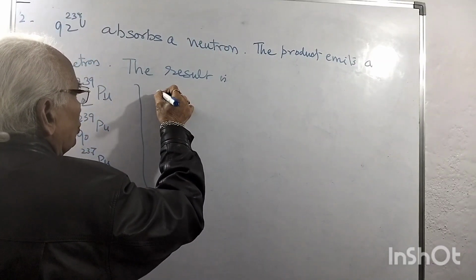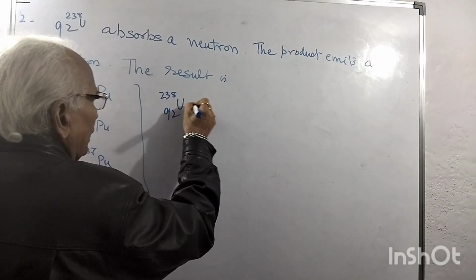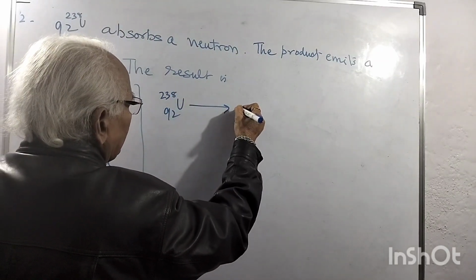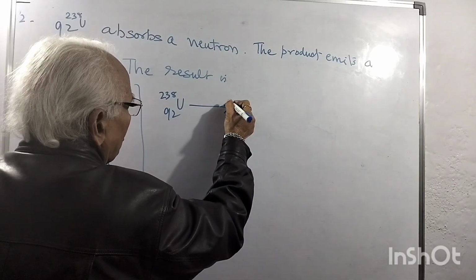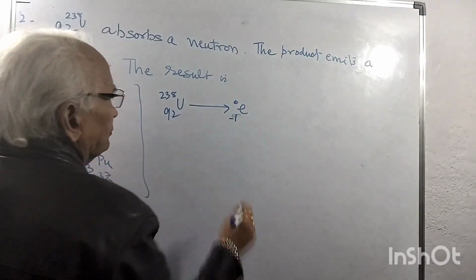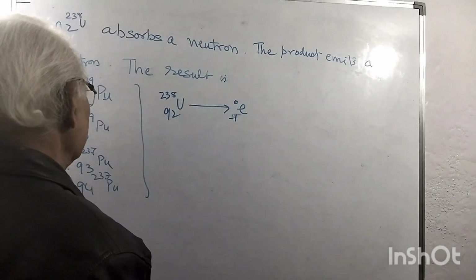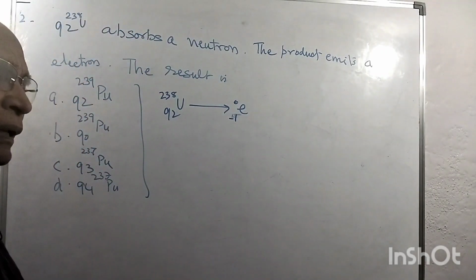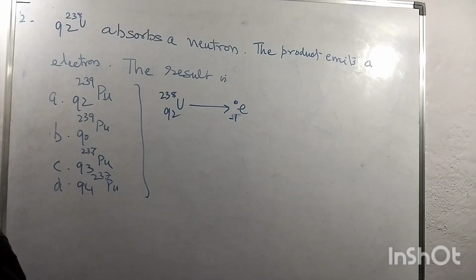Uranium 238, 92 emits the electron. So electron comes out. Electron is of zero mass and minus one charge. So charge of 1 decreases, negative charge goes outside. And the mass, what will happen?